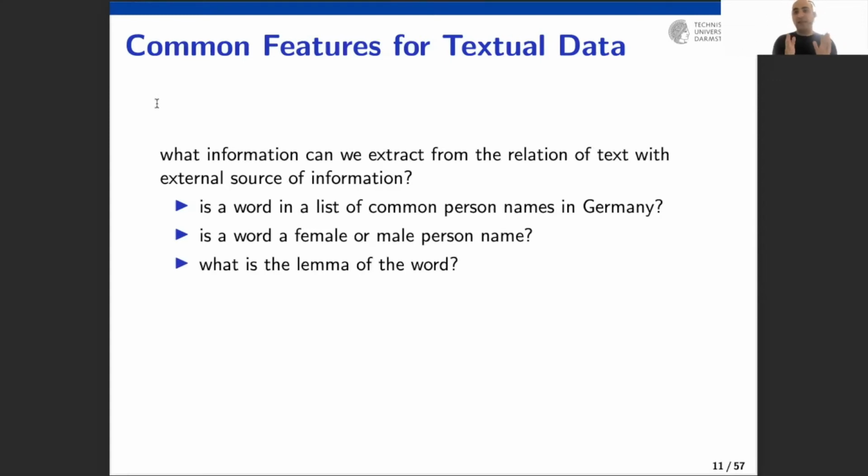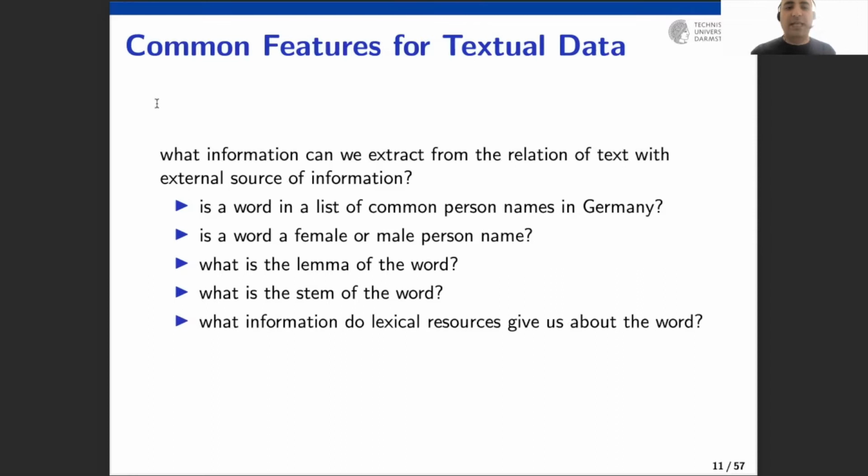Or we can have a feature function that takes a word as an input and returns masculine, feminine, or neutral. We can check the lemma of the word, we can check the stem of the word, and we can ask what information lexical resources give us about the word, like what are the synsets of this word, right? What are the synonyms of this word, and so on.